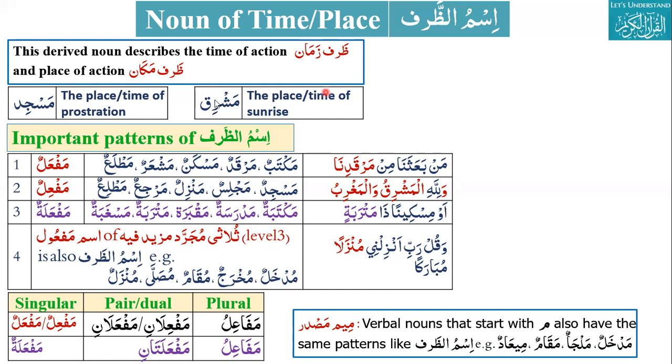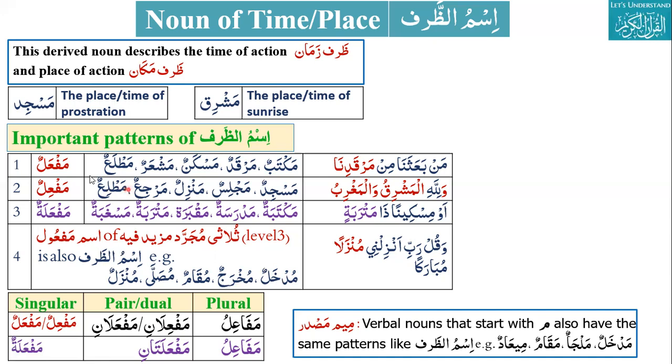So both the time and the place has to be in this ismu zarf at the same time. For example, like a house, there is no time, but there's a place in it. Like maskan? Yes, maskan can have a time element also in it, and place also.